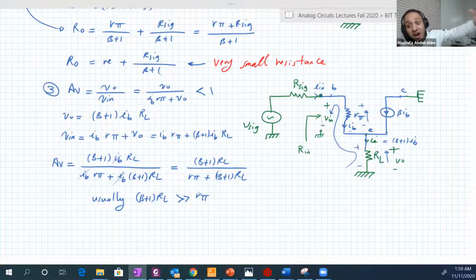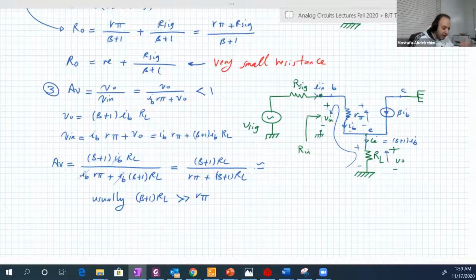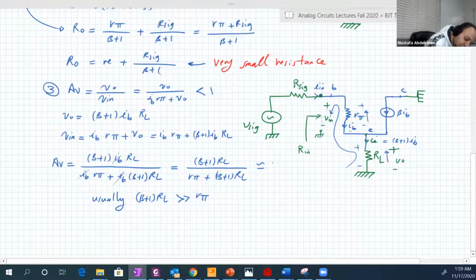So it will be magnified 100 times. Okay. So based on that, this will be approximately 1 most of the time. Of course, in any problem you solve, you should analyze it and get the accurate number. So usually close to 1. So it's not that much attenuation. Okay, usually it's close to 1.